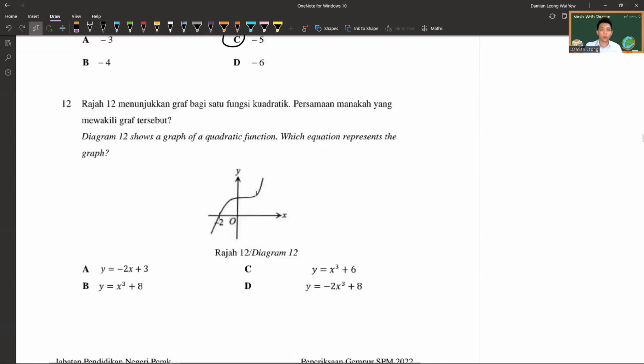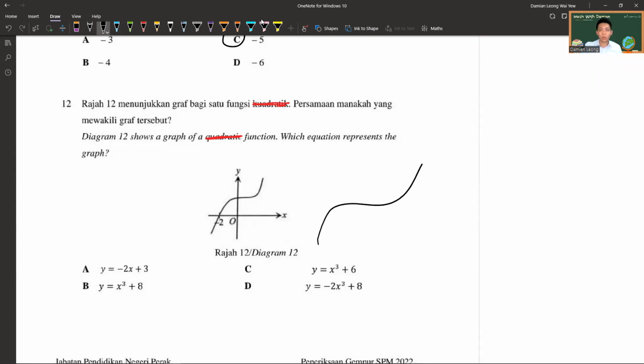Then question 12. I have a quadratic. Wait, this is not a quadratic graph. This is just a graph of a function. It's not a quadratic function. There's a mistake in the question. So which equation represents the graph? You have to recognize the shape.